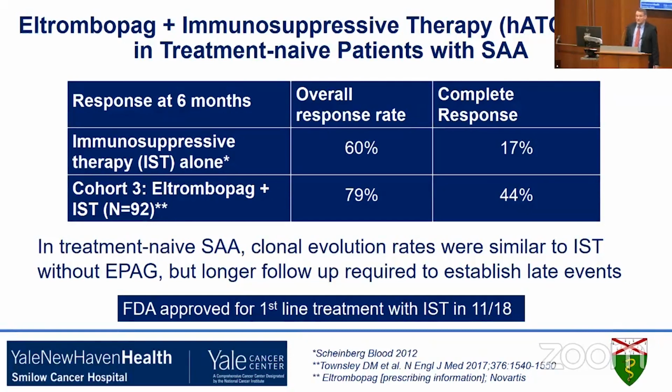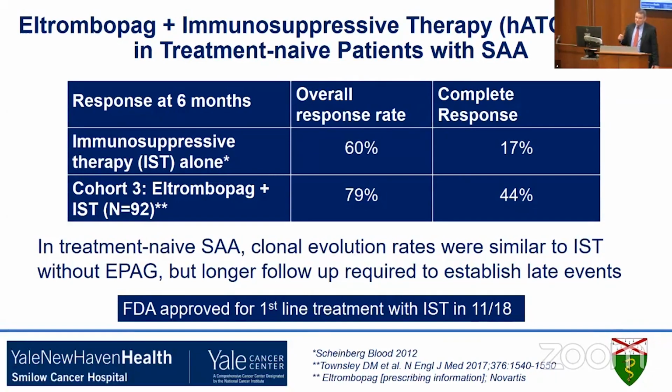The table shows you the comparison of responses between patients who were treated, and these are historical controls, with immunosuppressive therapy alone, horse ATG, which is anti-thymocyte globulin, and cyclosporin, both suppressing the immune system, and the new treatment, which is the immunosuppressive therapy just mentioned, and eltrombopag.